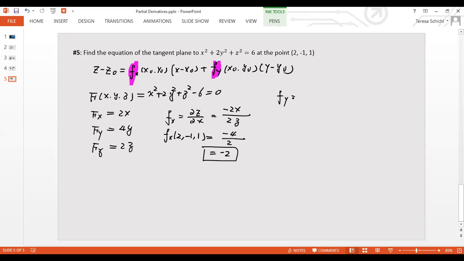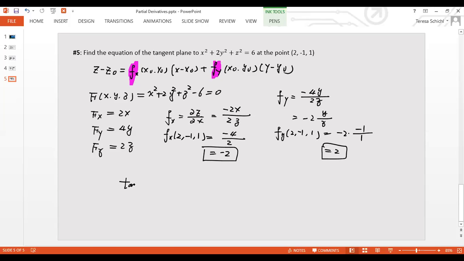The partial z, partial y will be equal to negative 4y over 2z, so this is equal to negative 2 times y over z. Then I plug in the point (2, -1, 1), so it will be negative 2 times negative 1 over 1. So what is that? It's 2. Well, it's easy, right?